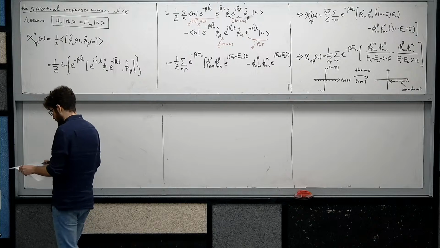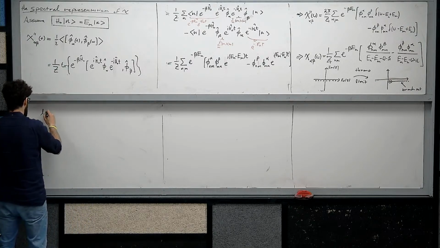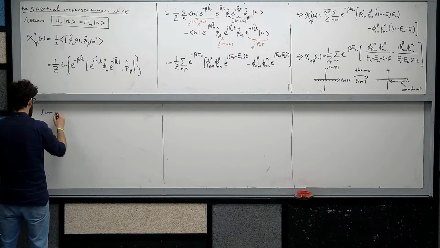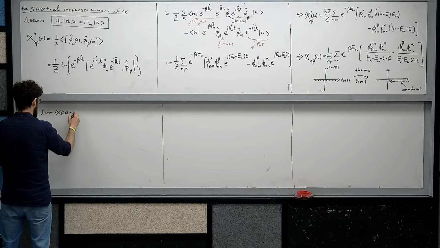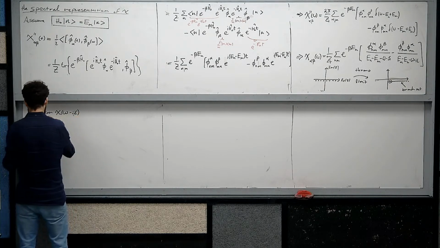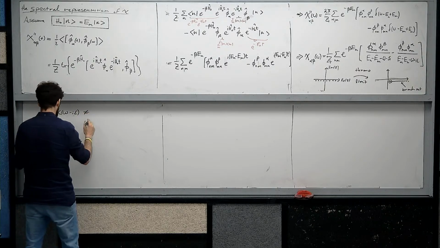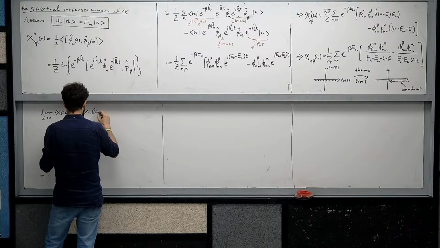But we just have a relationship that if we write the limit of chi of omega minus i epsilon, epsilon goes to 0, it is not equal to the limit of chi of omega plus i epsilon.